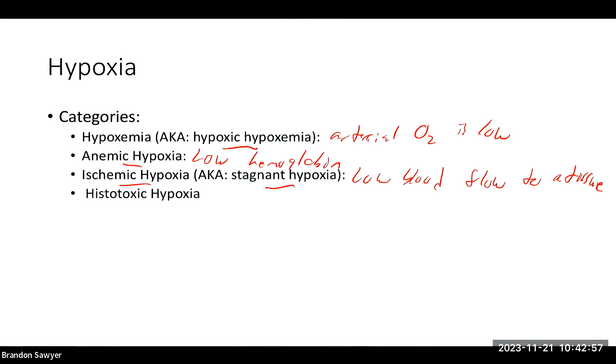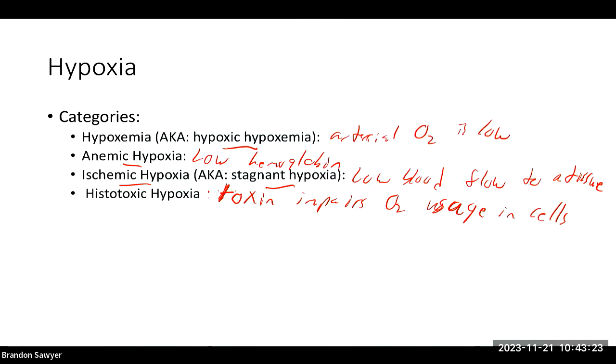And then histotoxic hypoxia is when a certain toxin impairs O2 usage in our cells. So some toxin might interfere with mitochondrial activity or disrupt mitochondrial enzymes in some way.